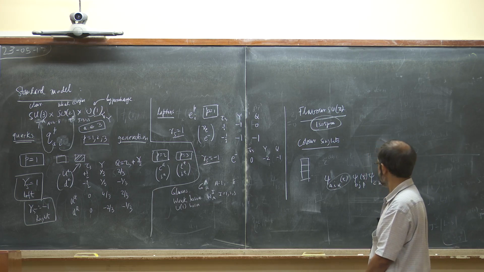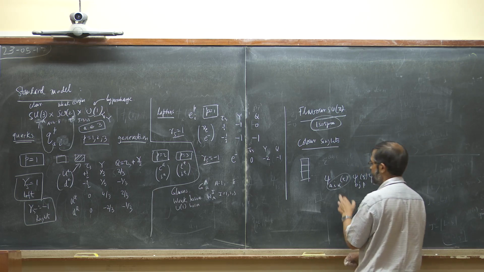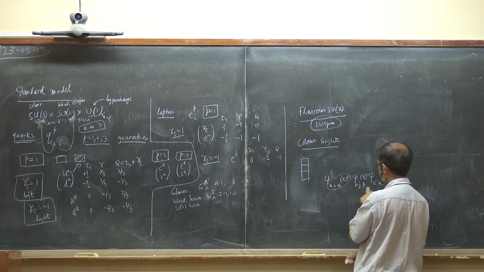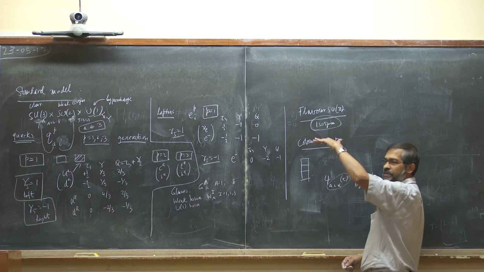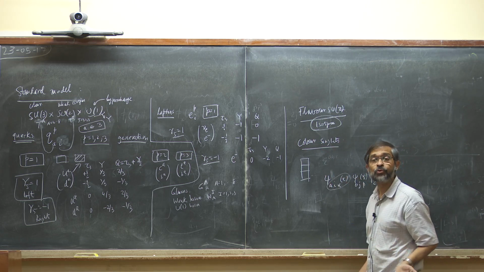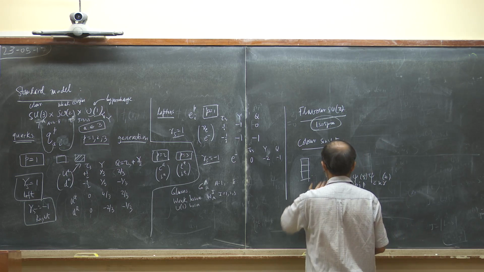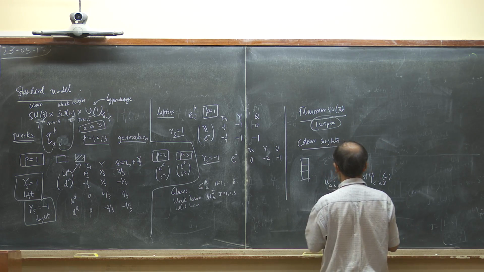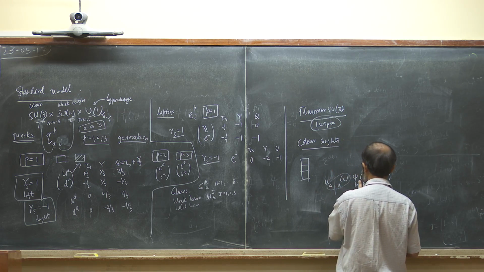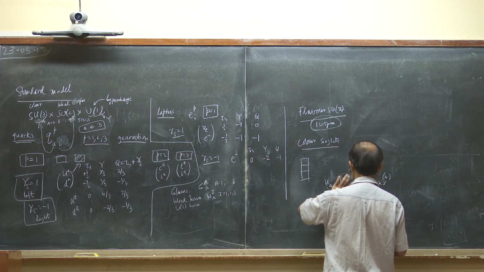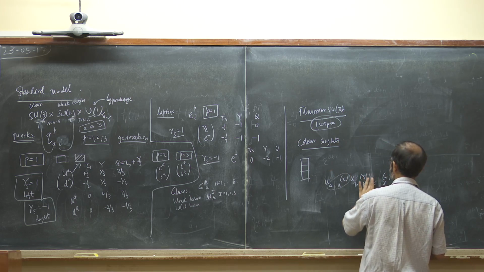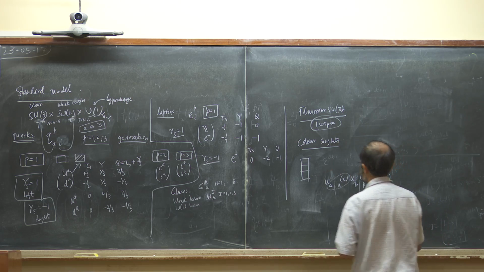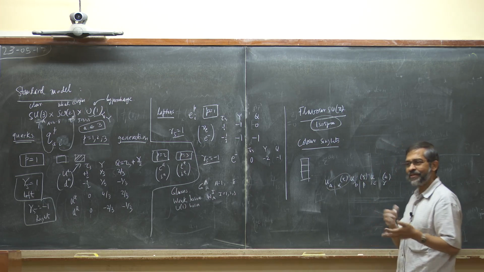Now, let us say that I choose the same isospin species here, namely I equal to 1, the upper fellow, namely U. So the I symbol is gone, K is gone, and ABC I have already made totally antisymmetric.